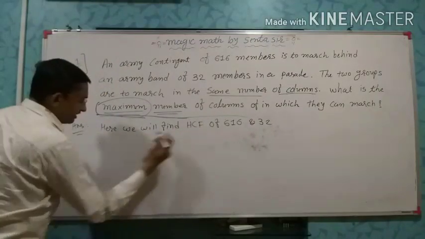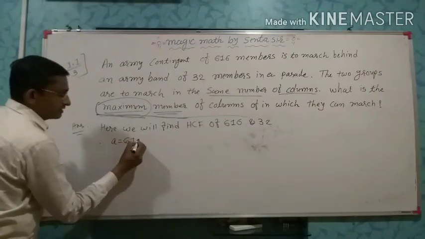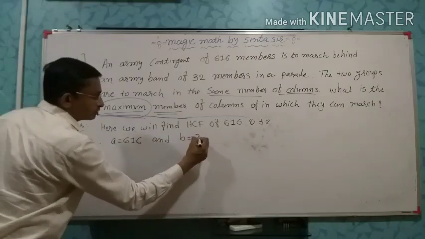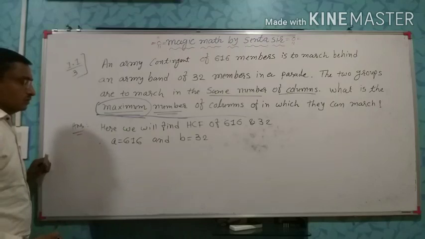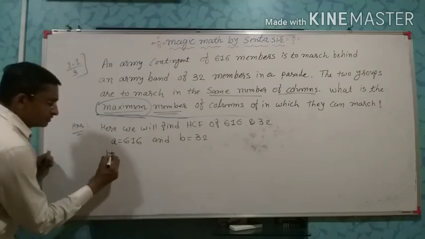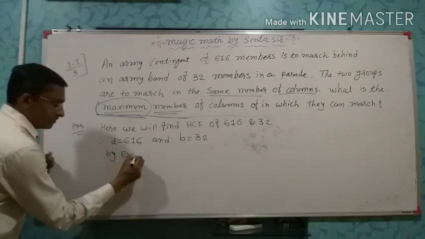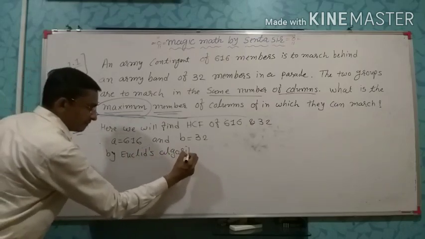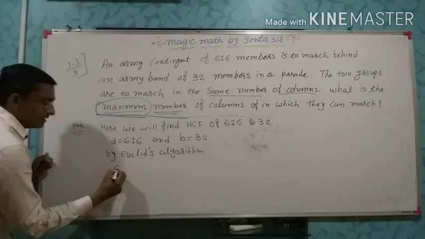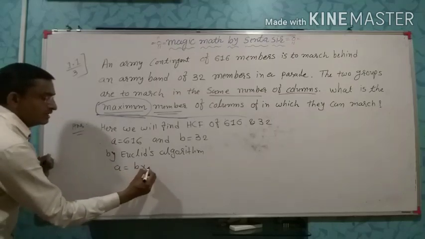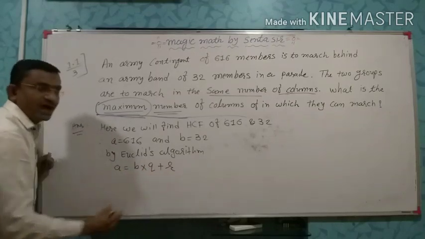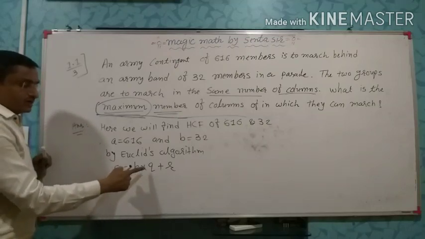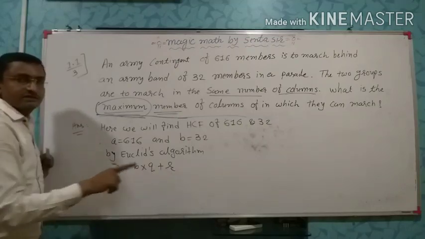Therefore, we can take A is equal to 616 and B is equal to 32. By Euclid's algorithm, A is equal to B into Q plus R. Dividend is equal to divisor into quotient plus remainder.